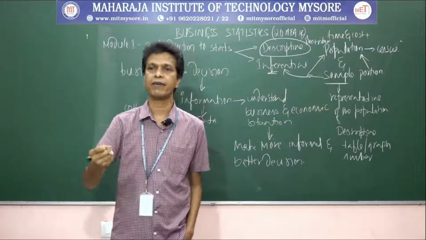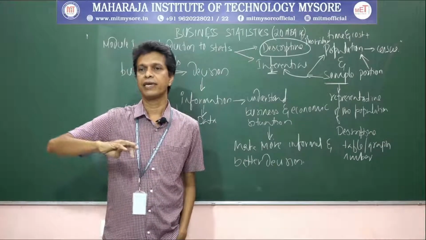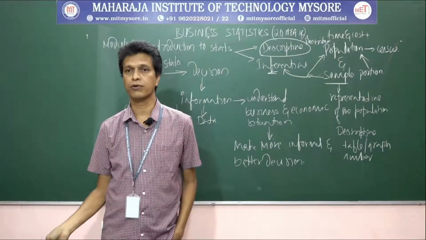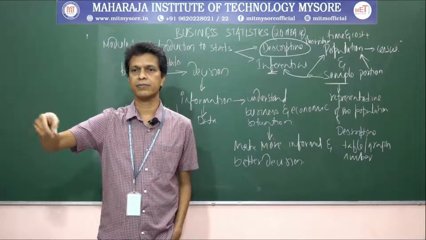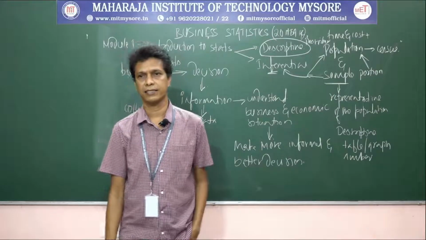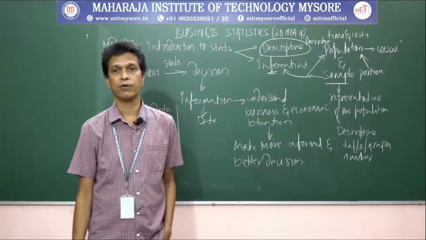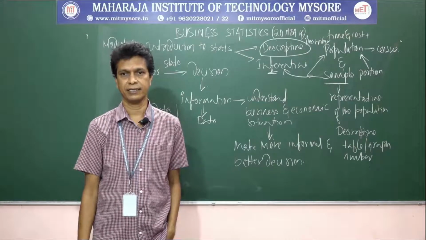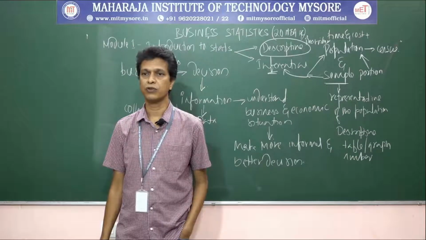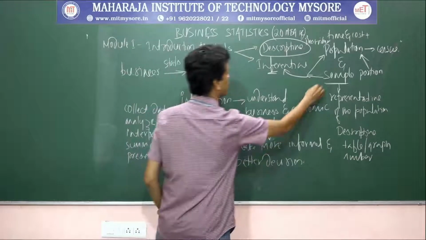Derive some meaning from the data and then use the same information to infer something about the larger group. Sometimes inferential statistics is referred to as inductive statistics. It uses data from the sample. So, why are we using data from the sample?